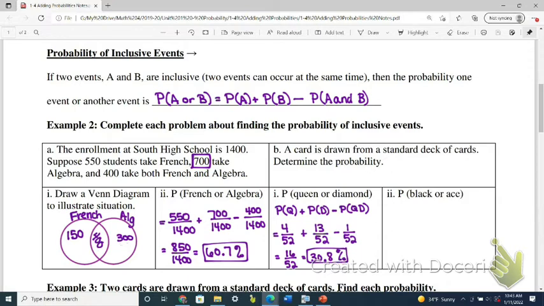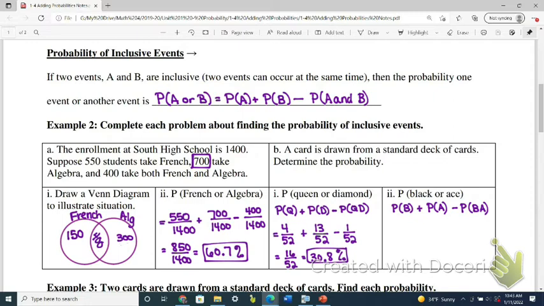Black or ace. So the probability that I have a black card plus the probability I have an ace minus the probability that I have a black ace. And yes, that does. So we ask ourselves, can I have a card that is both black and an ace? Yes. So we double count it in both spots.